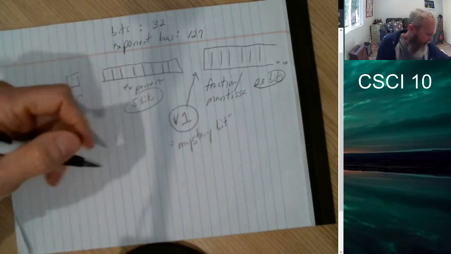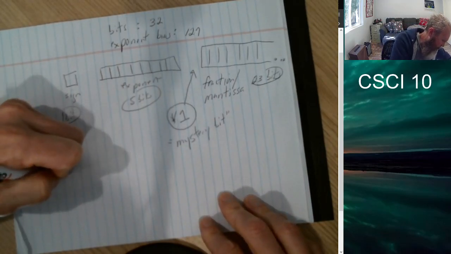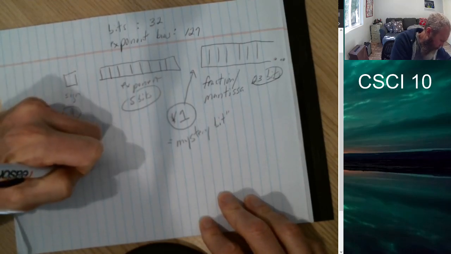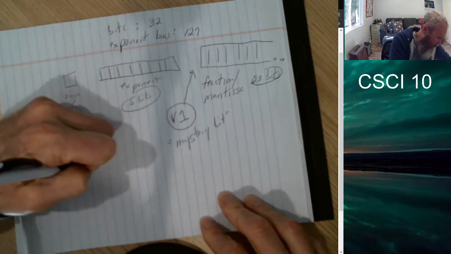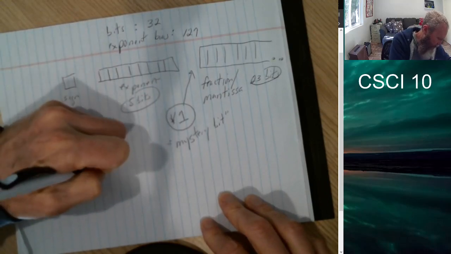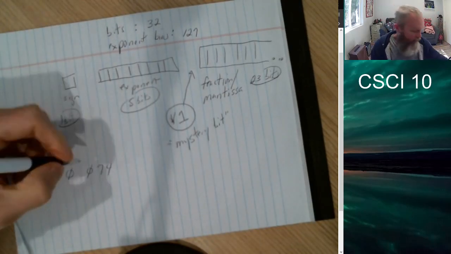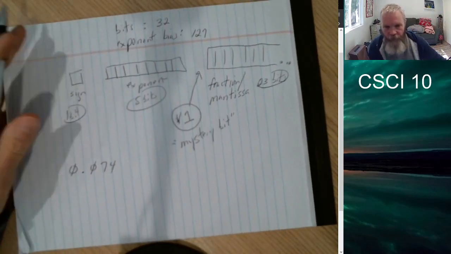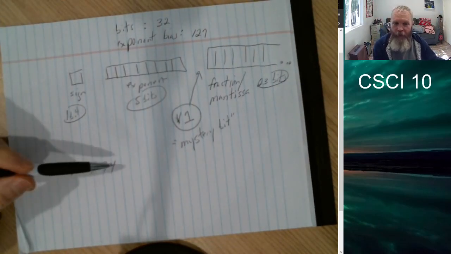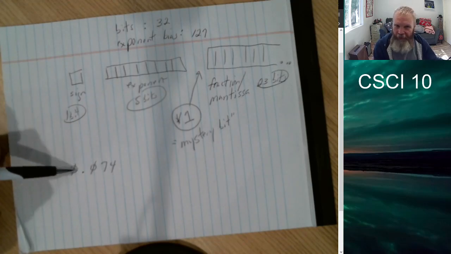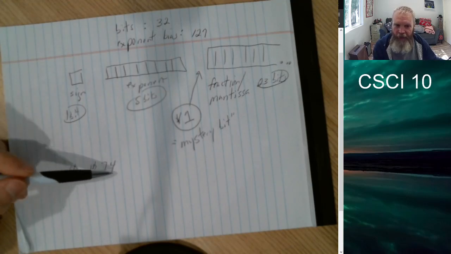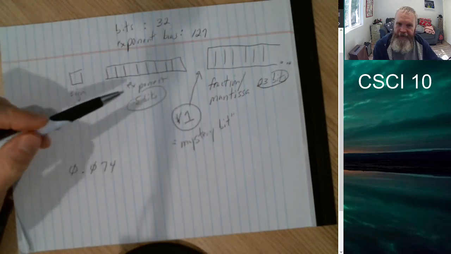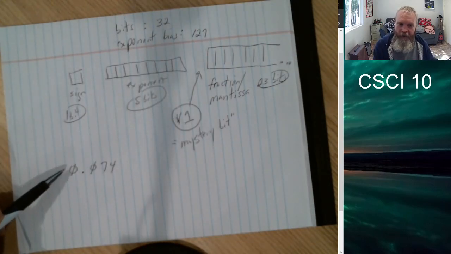So if you take a number, let's just take one. It doesn't really matter. Let's try just something weird, like 0.074, which looks like a totally simple thing, but the binary of that is not so simple, except for the sign bit.